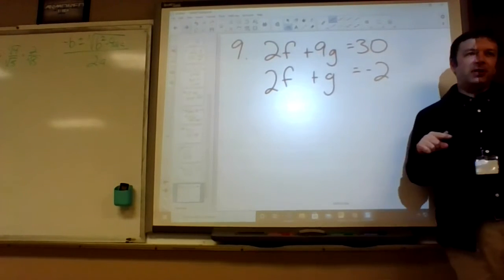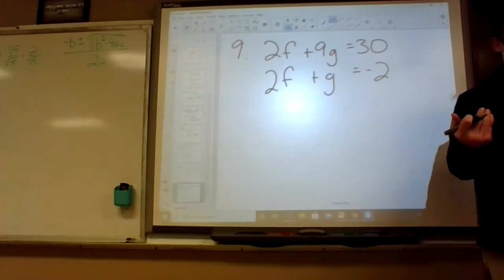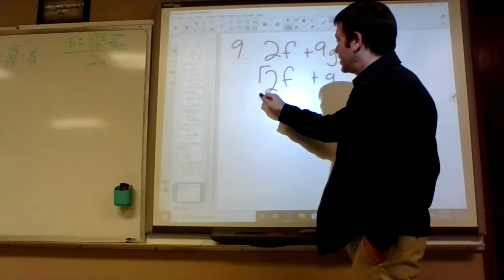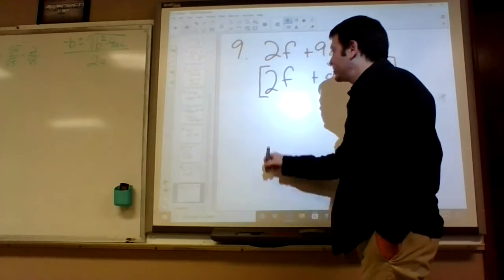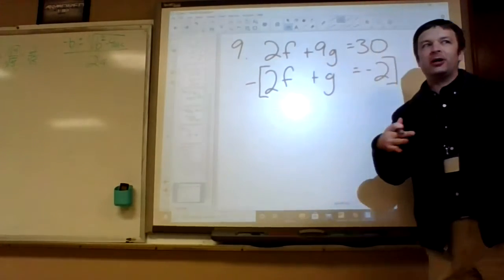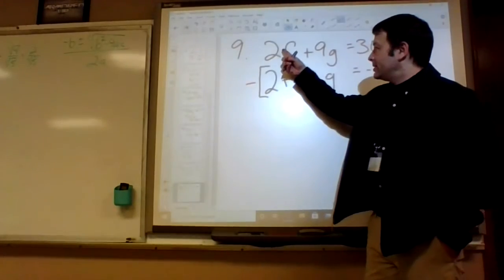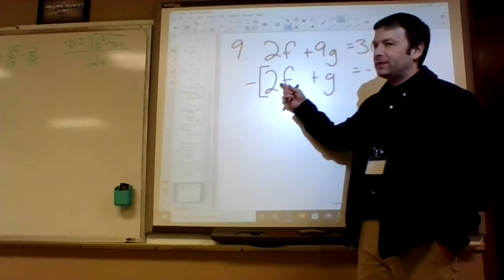Another trick we could use: if you can add the same thing to both sides, you can also subtract the same value from both sides. I'm going to subtract the entire bottom line. You can't just subtract part of it, you've got to subtract the whole thing. So instead of adding this time, I'm going to subtract. What is 2f minus 2f? 0.